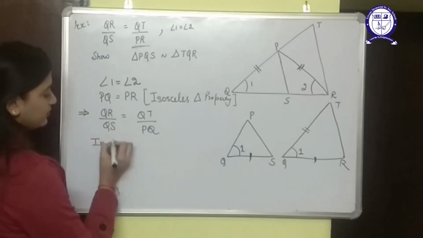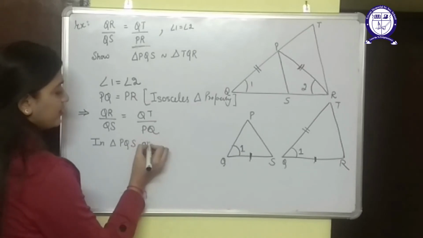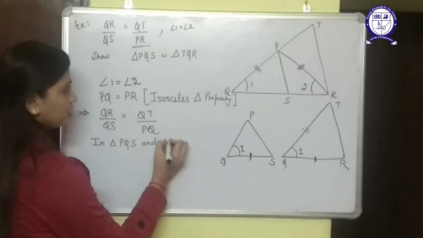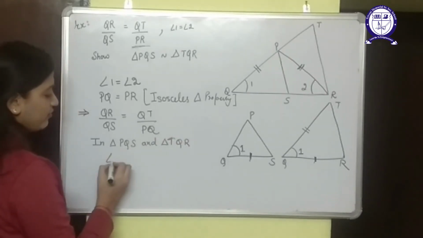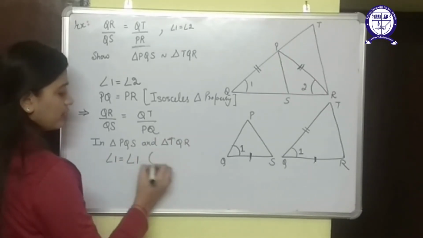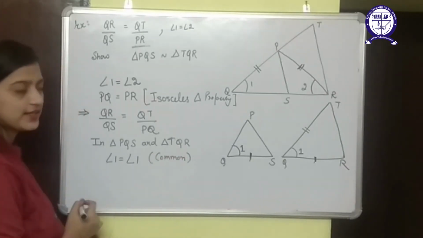In triangle PQS and triangle TQR, first of all, angle 1 is equal to angle 1. This is common in both the triangles.